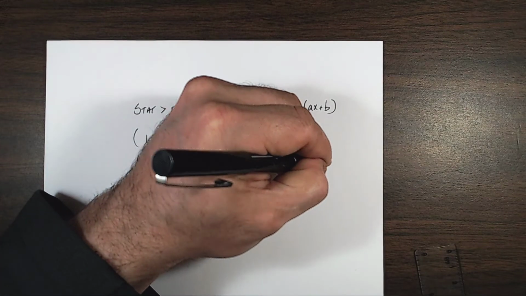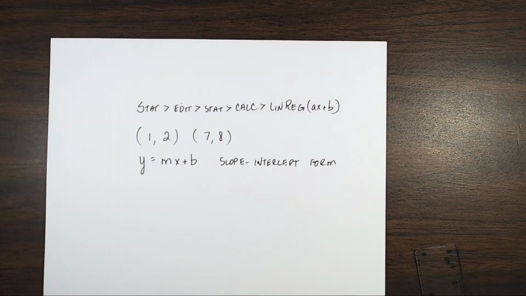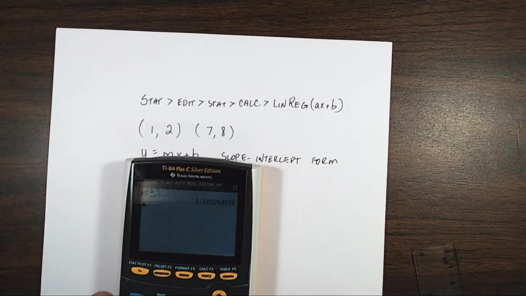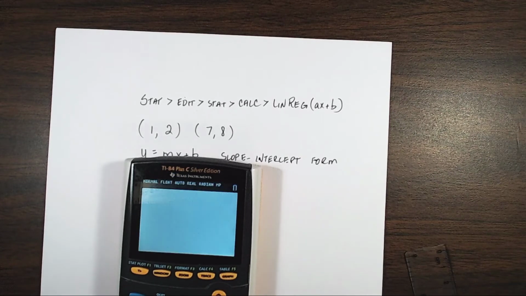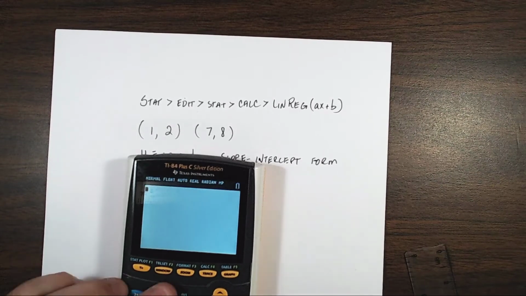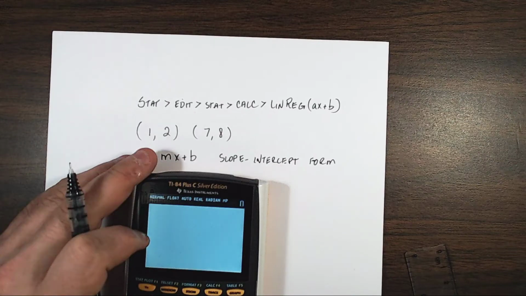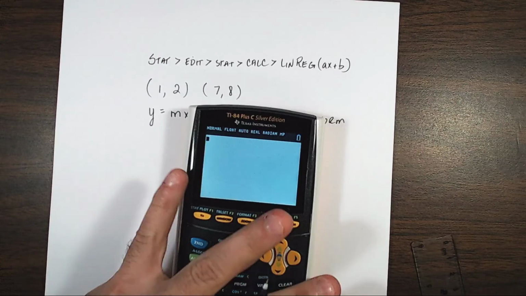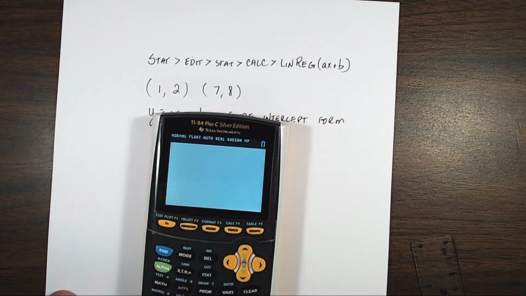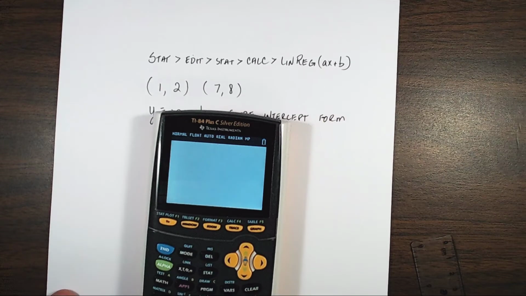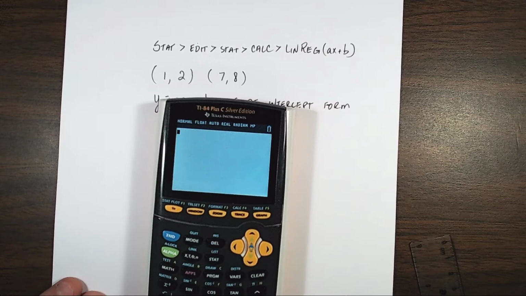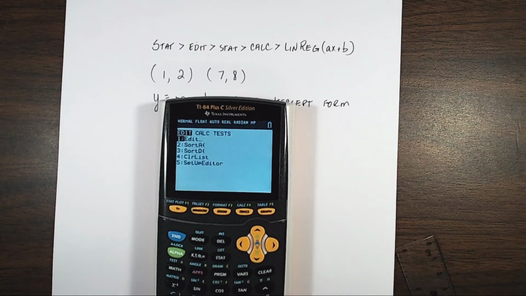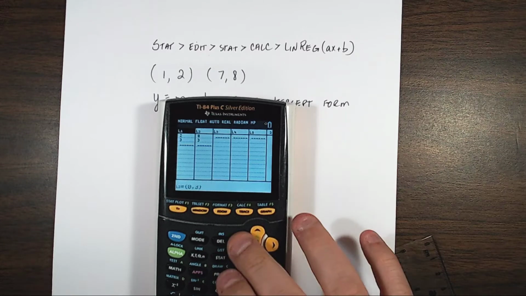So how do you do this on the calculator? Well, let's get our calculator back out. Okay, clear out what's in there. We're going to hit stat, edit, and if there's anything in there, clear those lists.